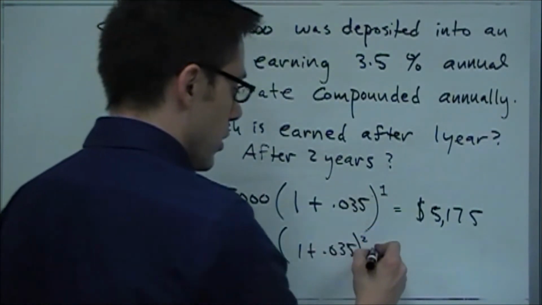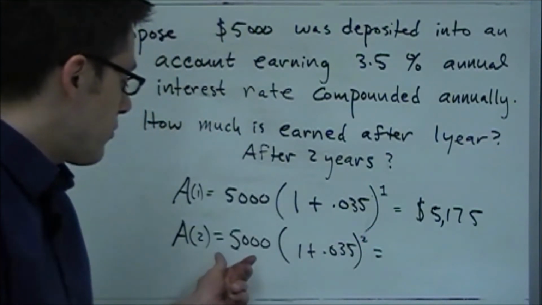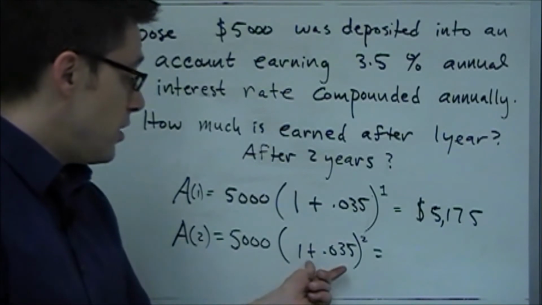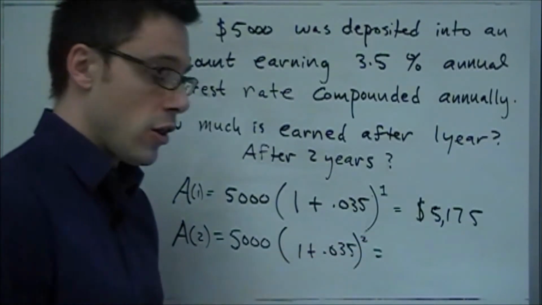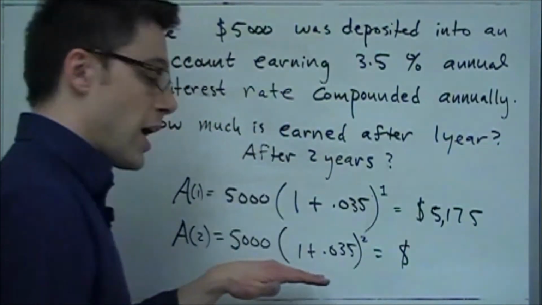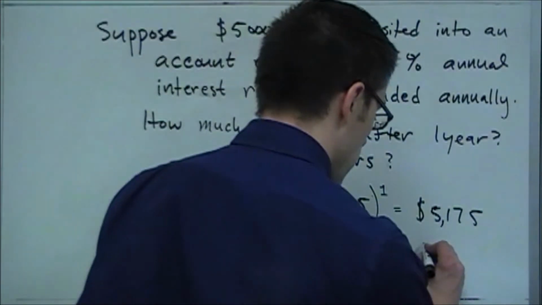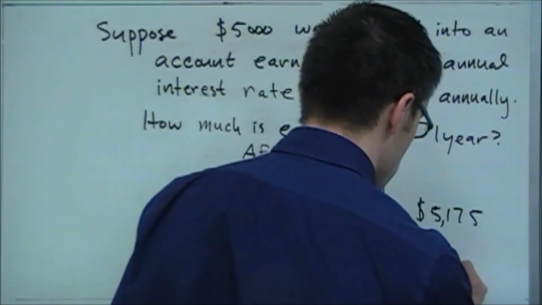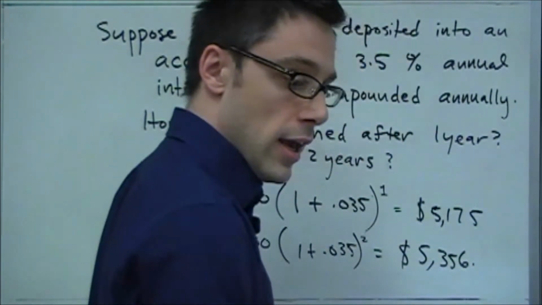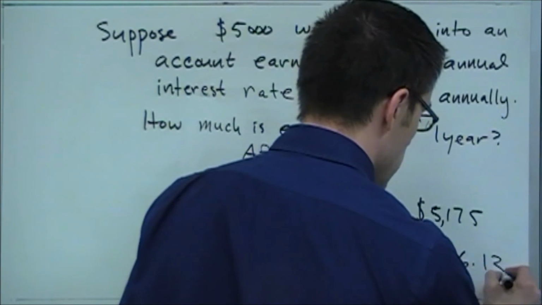We get the 2 here. When you put these together, 5,000 and this raised to the 2 power, and you should check that this is true, you're going to get $5,356.13.